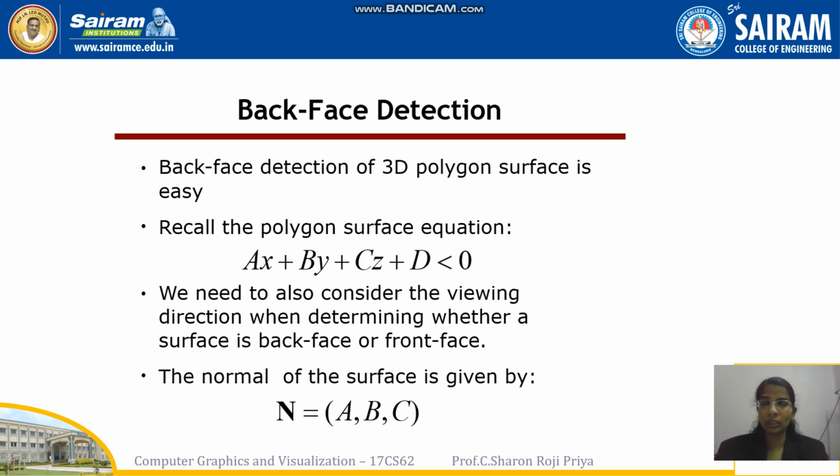It will have x, y and z values. Apply them in this polygon equation and you'll get a result. If the result is less than 0, you can say that point is inside your polygon.